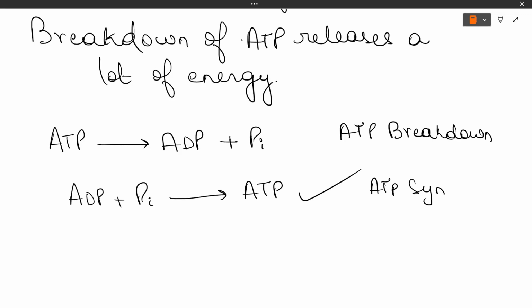Now see, the whole process of aerobic respiration takes place in the presence of oxygen. And since it takes place in the presence of oxygen, it means that our body needs oxygen, isn't it?